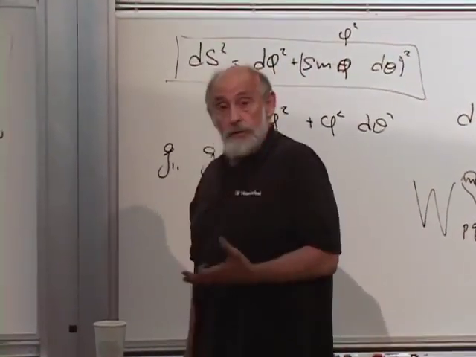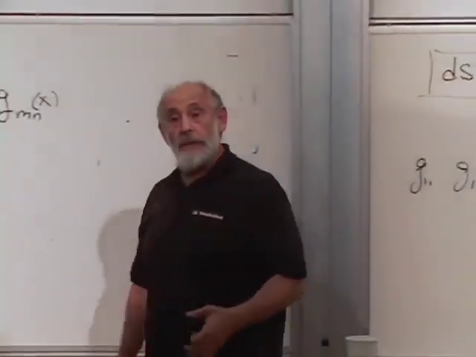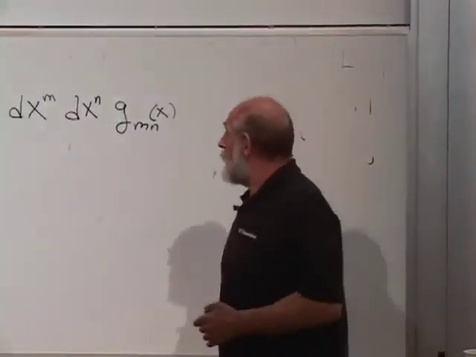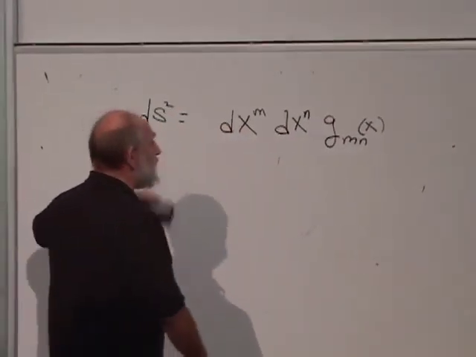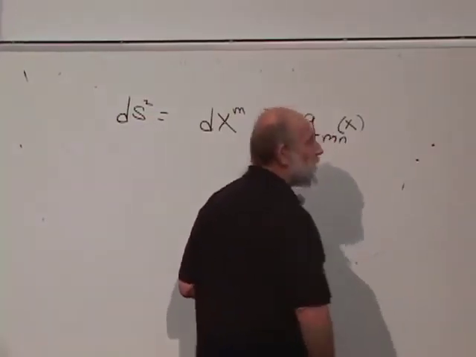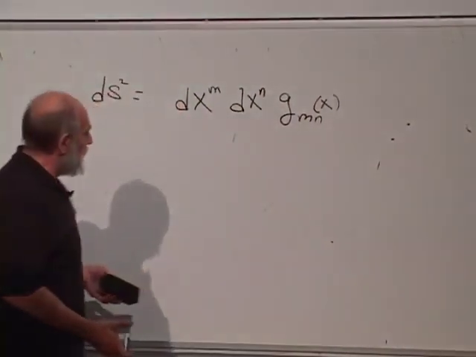Now, is g really a tensor? Let's check. To check, we have to see how it transforms. To see how it transforms, we need to write the distance between the same two points, but instead of in x notation, in y notation.